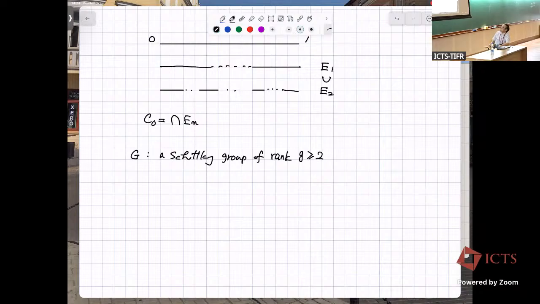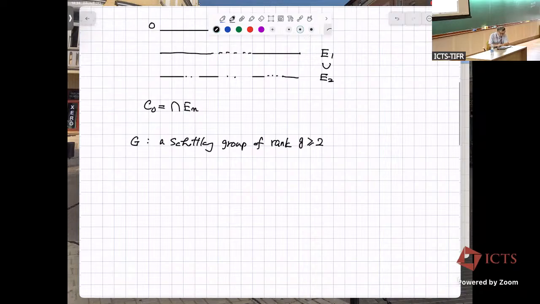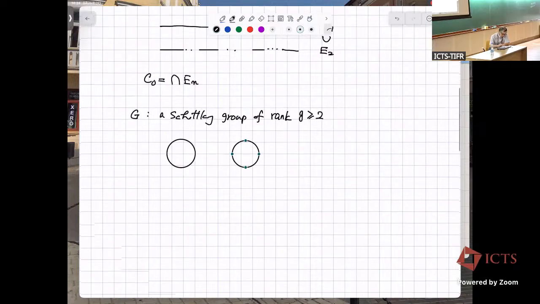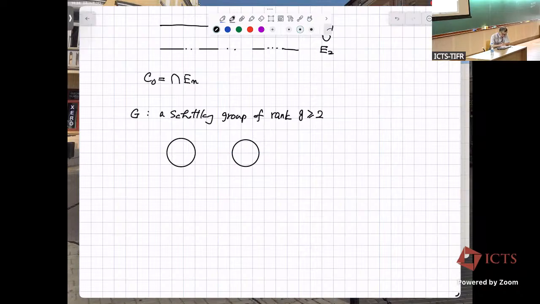That means first we take g pairs of circles, C1 and C2, up to C_{2g-1} and C_{2g}.